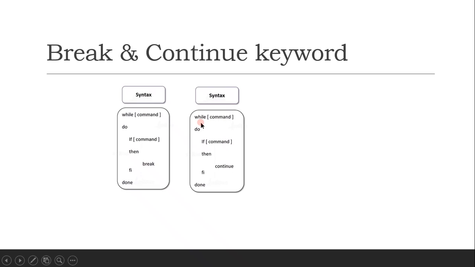Suppose you are looping over a list which has 10 items. If you don't want to print or execute any statement at the value 5 or index 5, then you can use continue, so that will not execute, but the rest of the things will execute. We can see it more in the hands-on demo.